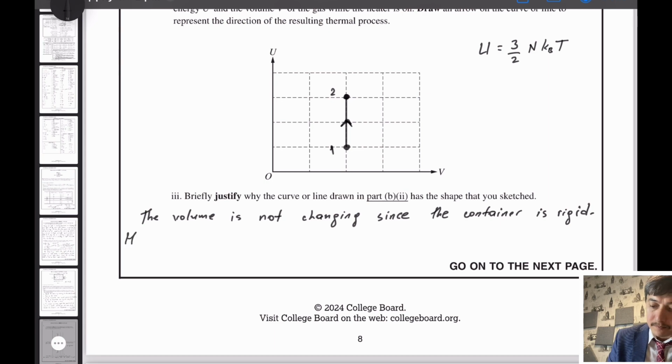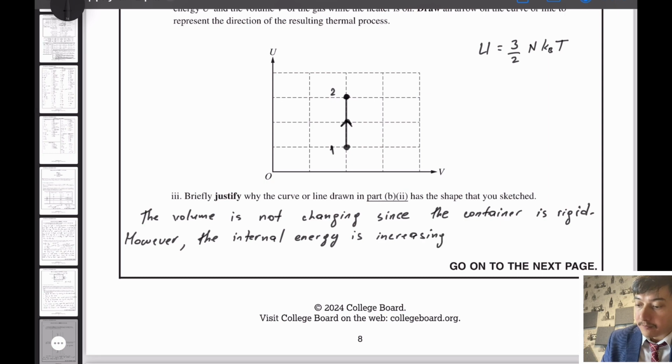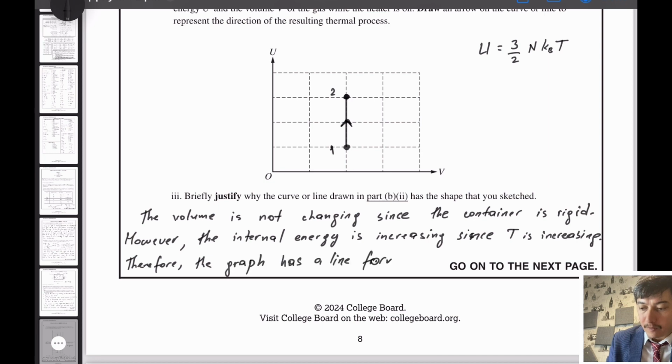However, the internal energy is increasing since the temperature is increasing. Therefore, the graph has a line form, moving from low internal energy to high internal energy. All right.